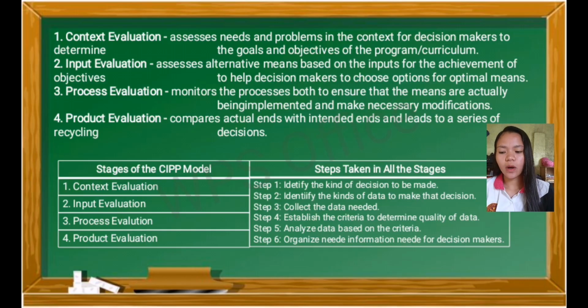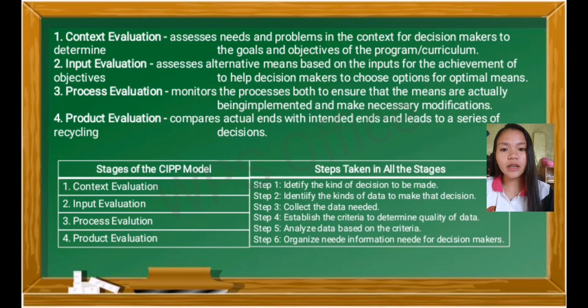And the last one is the product evaluation. Product evaluation compares actual ends with intended ends and leads to a series of recycling decisions. It provides a structured approach for evaluating products, programs, and projects by assessing context, input, process, and product.